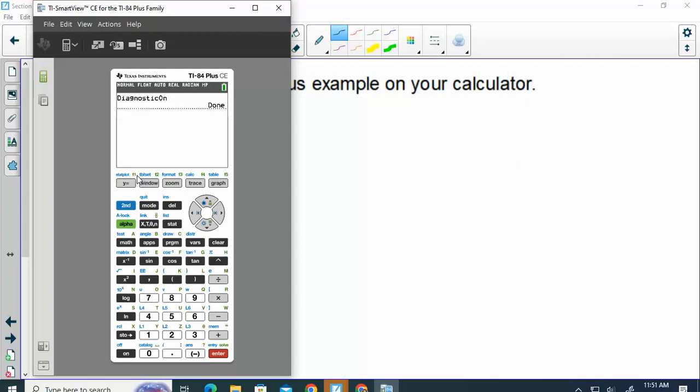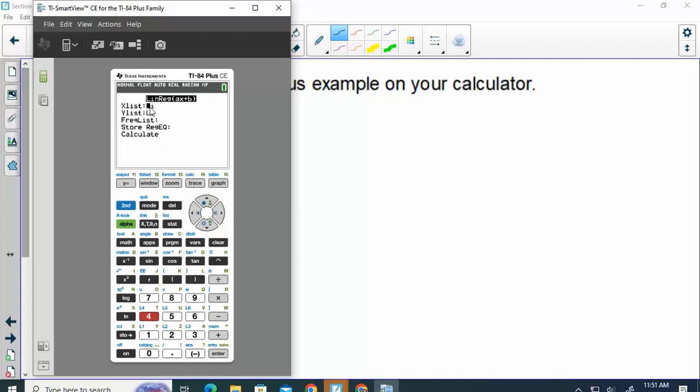All right, so now we actually want to get our equation. We're going to go into stat, calculate, and we want number 4, linear regression.